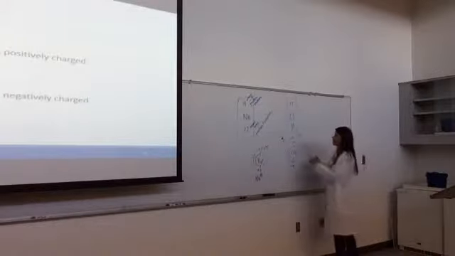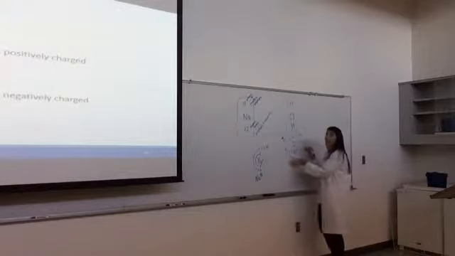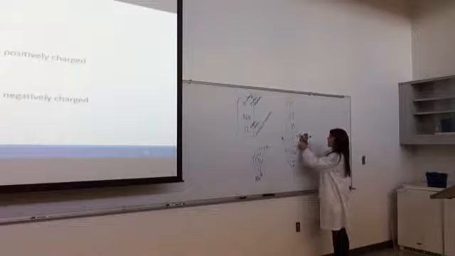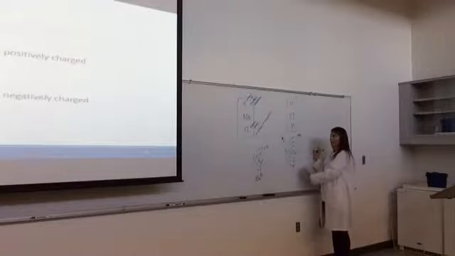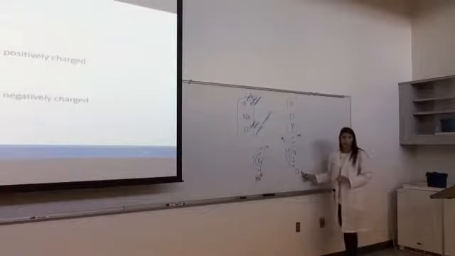Over here, this fellow gained an electron, is now balanced, but how many electrons are here? 18. So am I neutral? No, I have a slightly negative charge, and that's denoted this way.